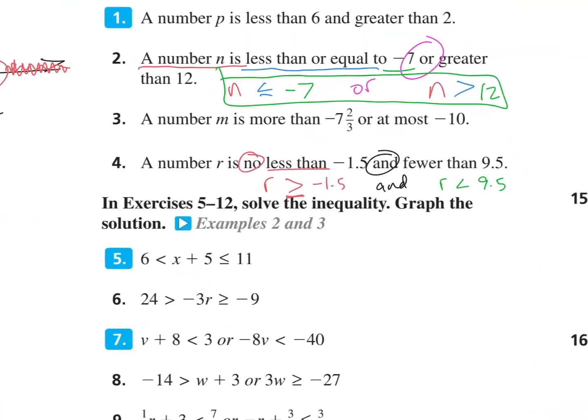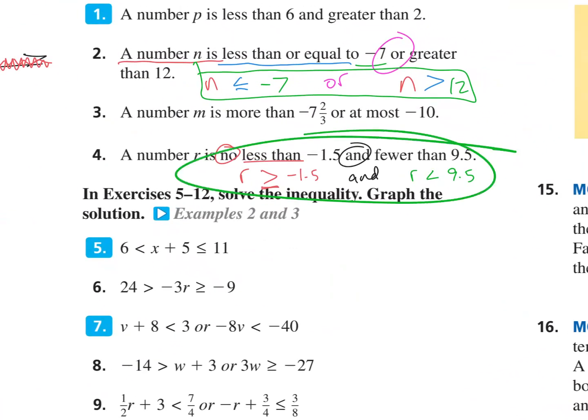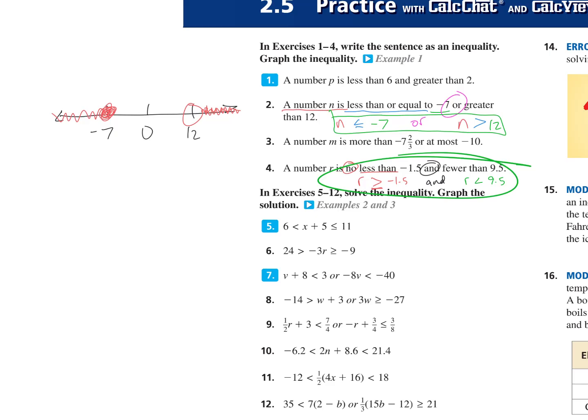So anyway, how would we write this as one big sentence, though? Well, basically, think about it as write the smallest number on the left. The R is going to be in the middle, the biggest number on the right. And you'll notice that this got flipped around, right?